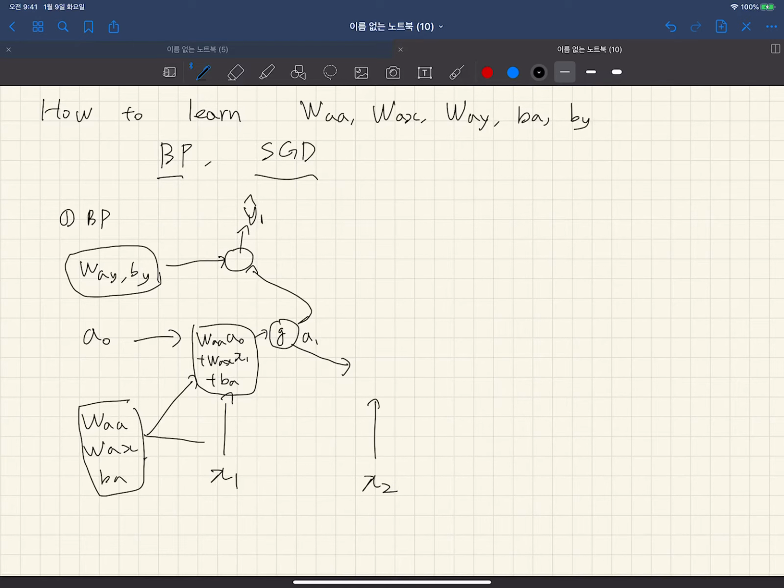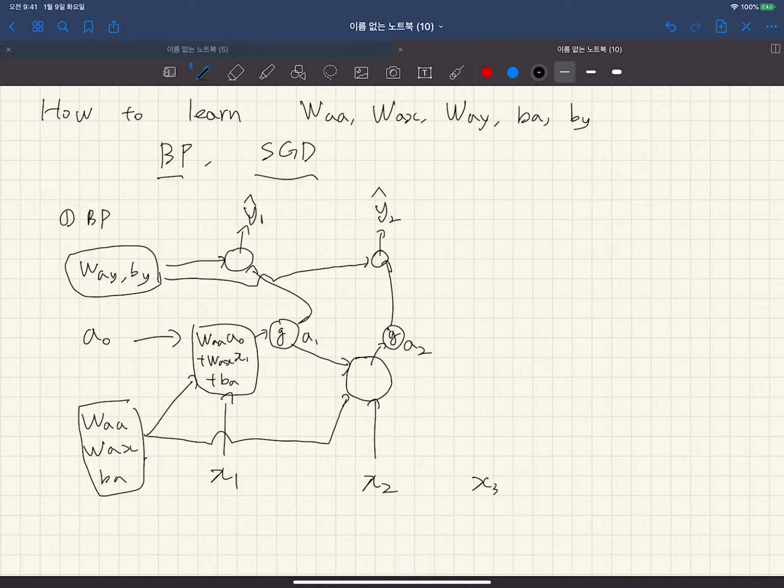You compute again some linear combination, and then compute the nonlinear activation function to compute A2, the second hidden state, and this one and the parameters WAY, BY, you compute some linear combination and nonlinear activation function to compute Y2 hat.